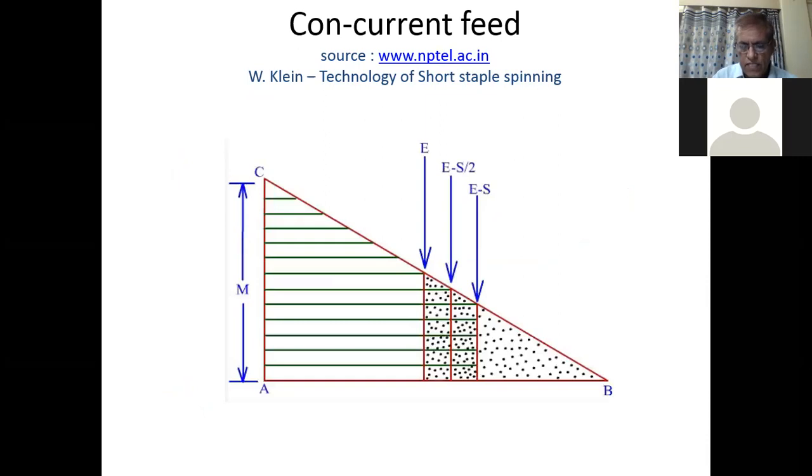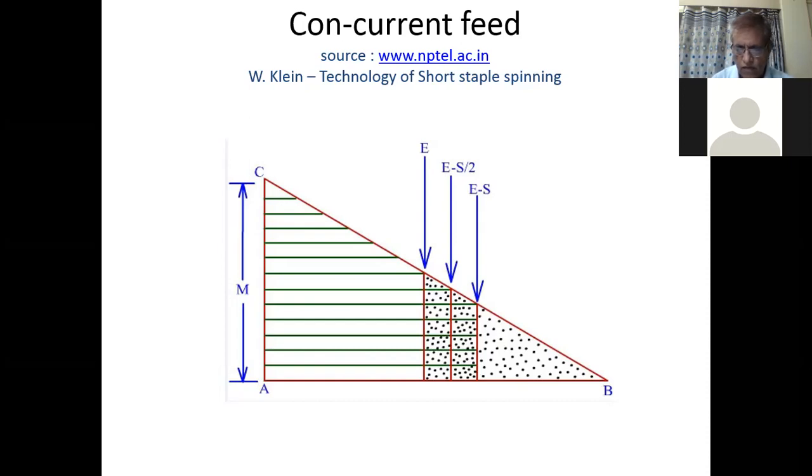The same thing is expressed in this triangle. Any fiber which is shorter than E will go to noil. It is represented by the dotted portion.